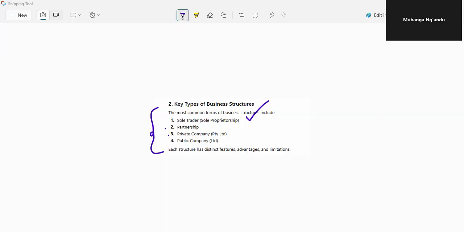A private company is a company that is also listed, but they do not advertise their shares at the stock exchange. They do not also make their financials public, so they are more private.